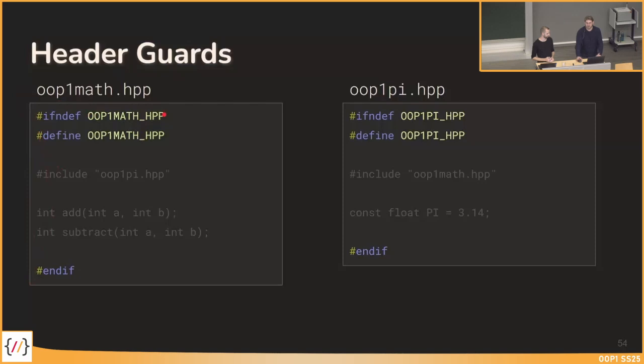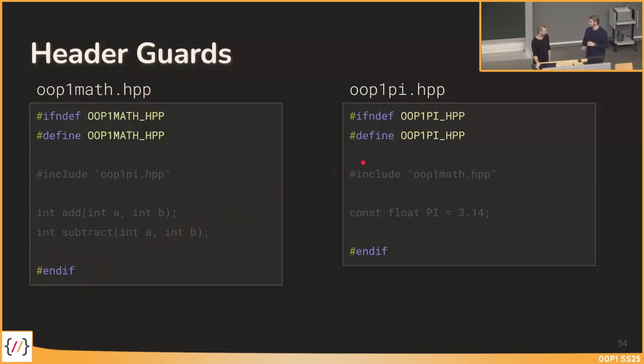The naming convention is actually just the name of the header file. So in this case, OOP1 nav _ HPP. So this is again best practice. They use the same name as the header file for the define here. This means if this part here, so if OOP1 nav HPP is not defined, then define OOP1 nav HPP. Then all the content of the header file goes in there, and at the end we have an end if.